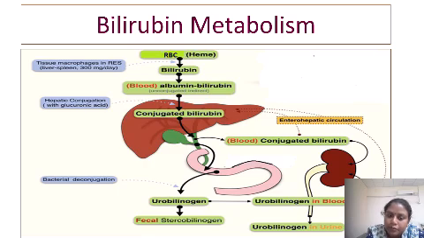A part of urobilinogen, by the process of enterohepatic circulation, will reach the circulation and reach the liver. Then it is sent to the kidney, and from there it will be released in the urine. So some amount of urobilinogen will be seen in urine also. So this is the bilirubin metabolism.